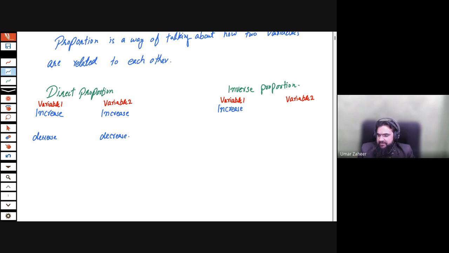For example, the price of one chocolate is $2, let's say. And if you are purchasing four chocolates, what is the price?